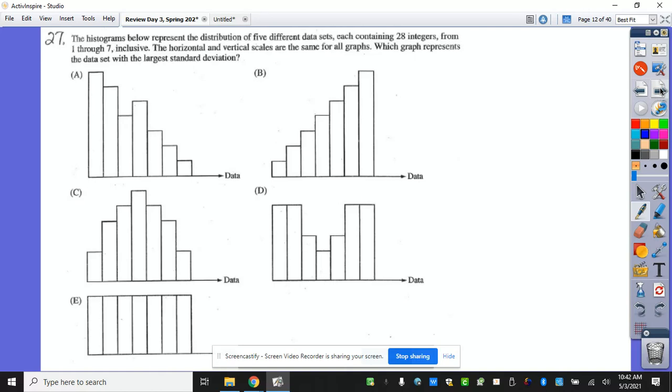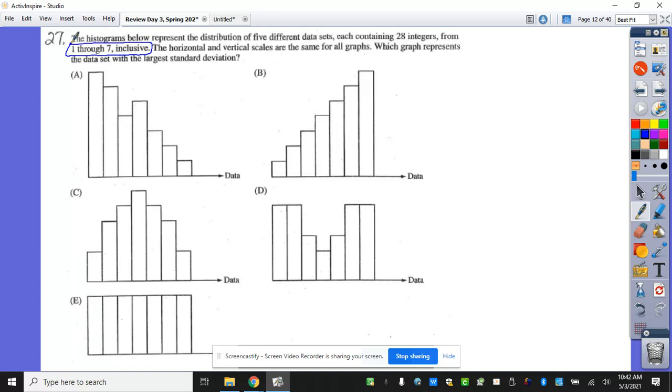So, not looking at the actual problem itself at all, or not considering what the problem is actually asking about. The histograms below represent the distribution of 5 different data sets, each containing 28 integers from 1 through 7 inclusive. What does this part mean?